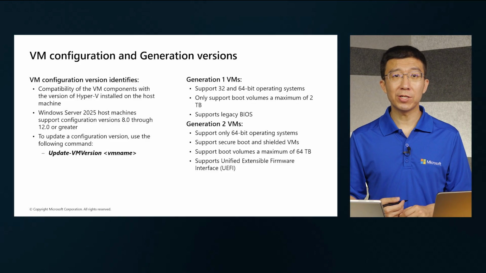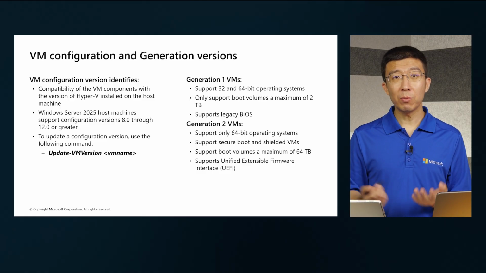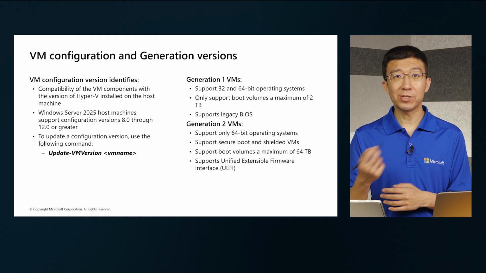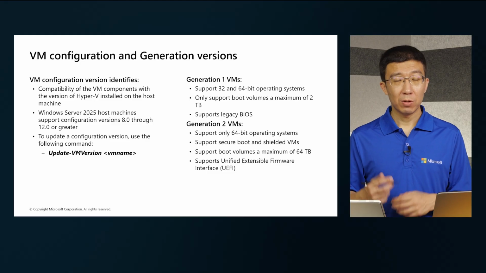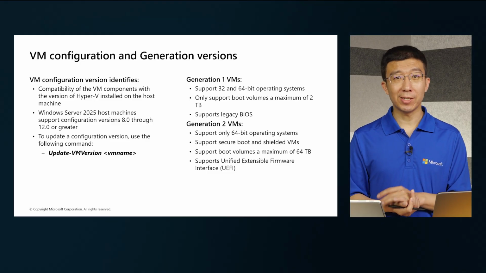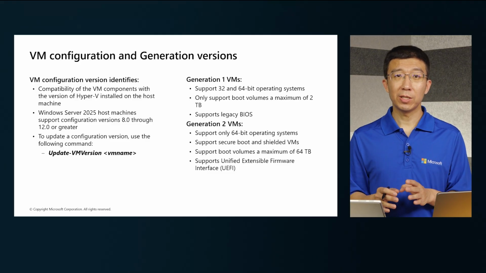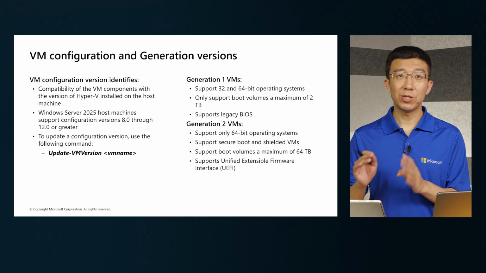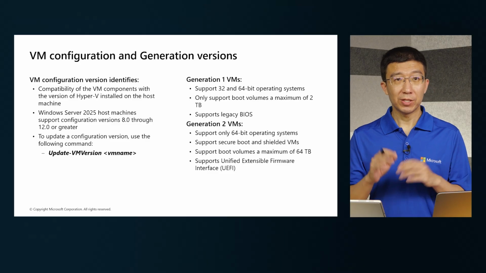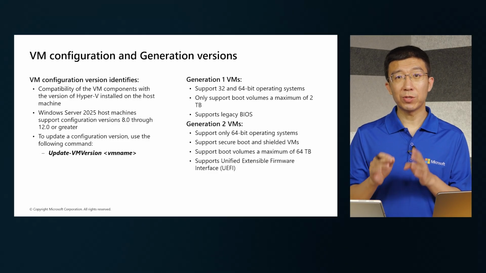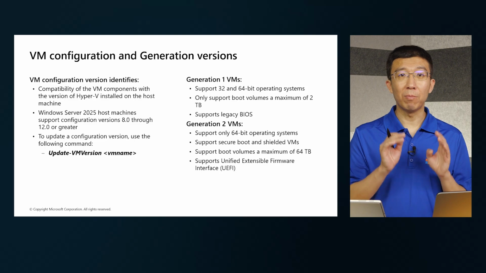For VM generations, Generation 1 supports legacy BIOS, while Generation 2 is 64-bit only, and supports Secure Boot, UEFI, Shielded VMs. Generation 2 VMs use fewer resources and are more secure.